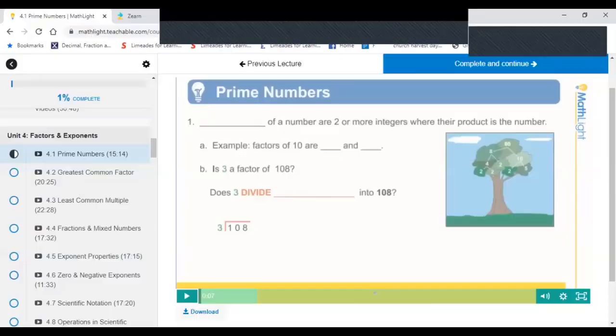So next, we're going to go to our lesson for today. And for our lesson today, we're actually going to have a visitor help us today. And he's going to do prime numbers. So our lesson for today is I can identify prime numbers and I can identify the divisibility of prime numbers.